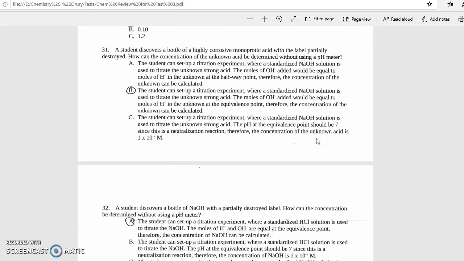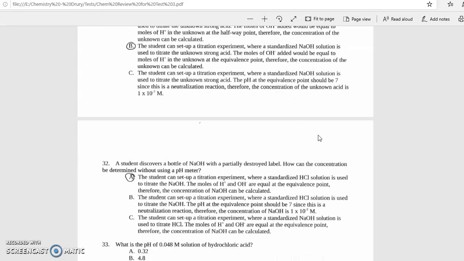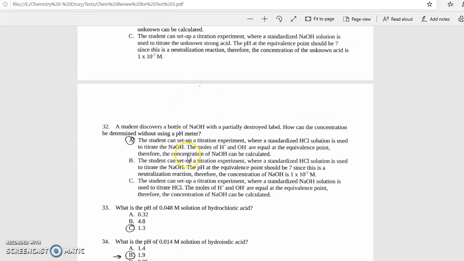31 is B. 32 is A. Now several of you got that 32 wrong as well. And here what you have to use if you've got an NaOH here, to titrate that to find out what it is, use a standard solution of the opposite type, right?